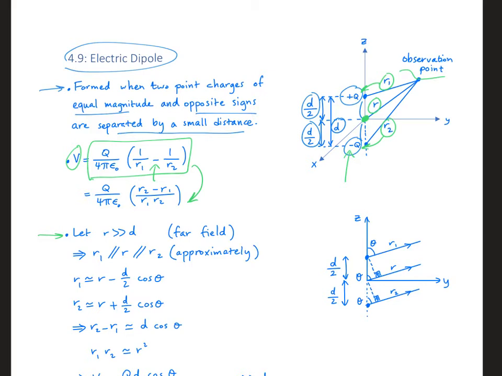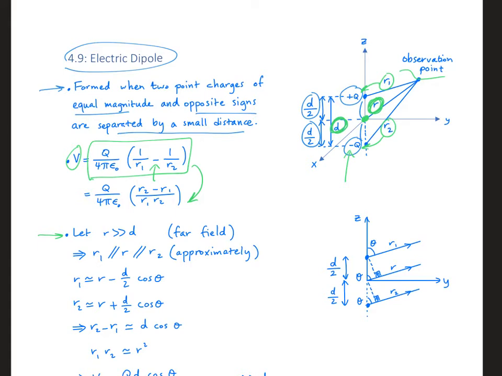Okay, now we move our attention to when r is much greater than d. And what does that mean? r is much greater than d. So my observation point is way farther away from my dipole. That renders my observation point's distance from the dipole to be much greater than the distance between the dipole's duo, or the 2 charges in the dipole.